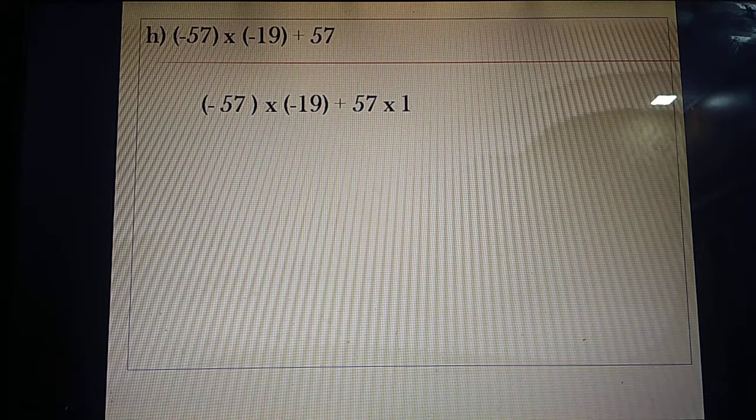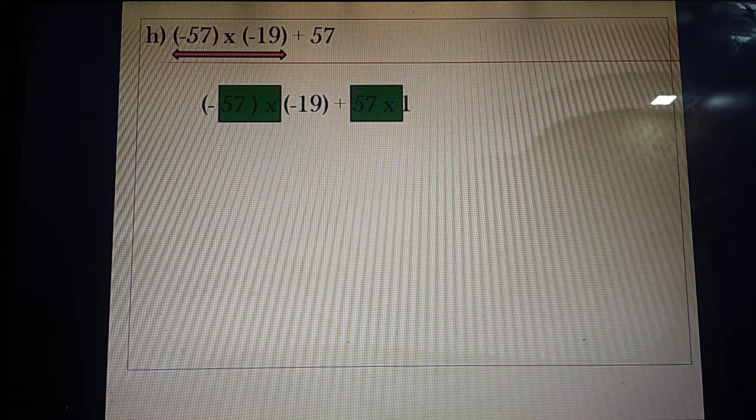Now the sum is minus 57 into minus 19 plus 57. This second term 57 you can write as 57 into 1. Now what is common? 57 and the into sign, you will write only once. What is left? In the first term, minus and then minus 19.